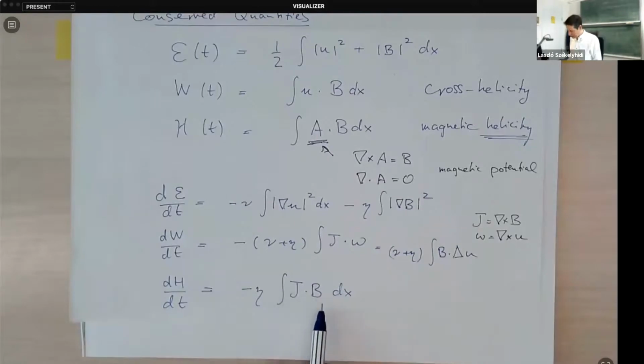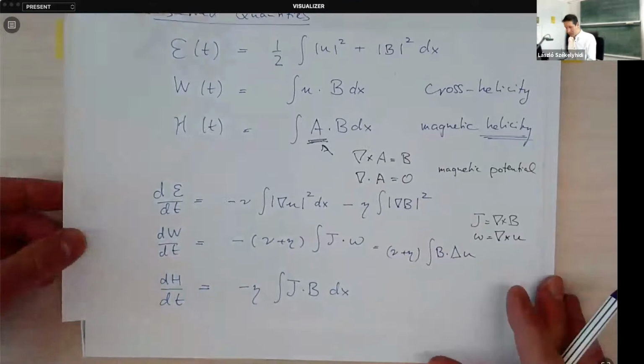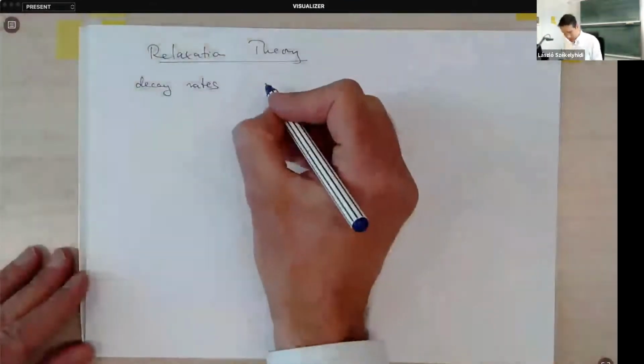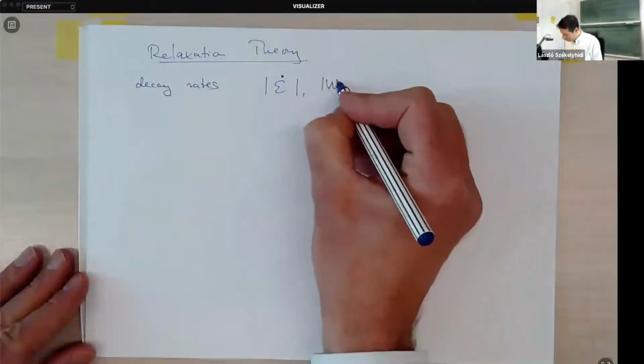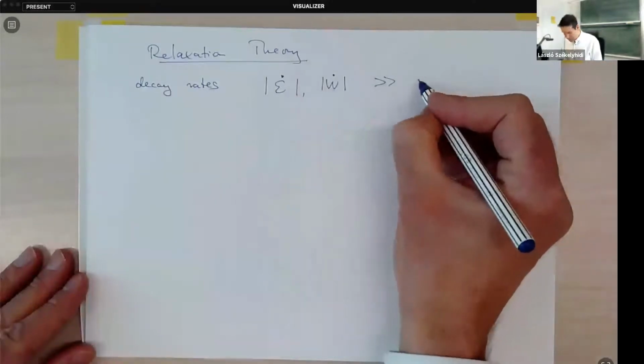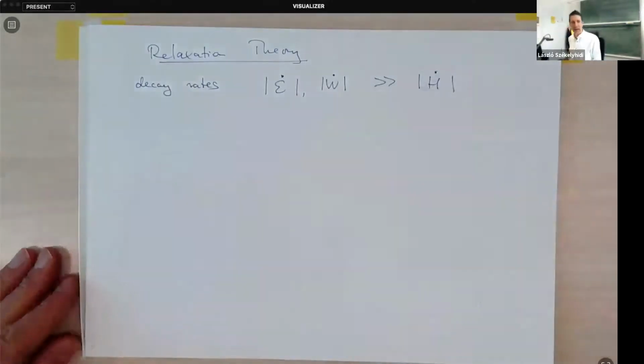So it's B and J, which has one derivative of B. Okay, so it's a lower order if you just count the number of derivatives and number of terms, and the consequence of this is that, in terms of scaling, the rate of change of total energy is much bigger than the rate of change of helicity.